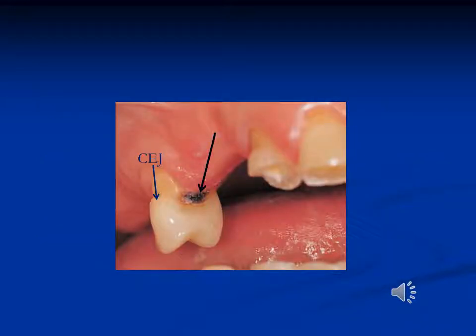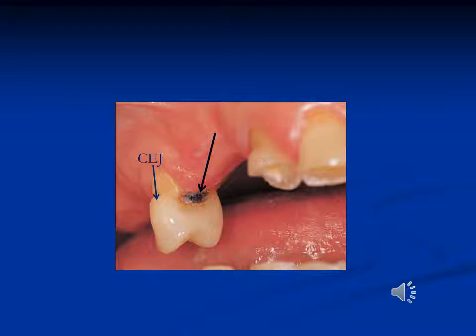This is a clinical picture of root caries, showing the location of the root caries. The arrow points to the cemento-enamel junction. As we all know, the cemento-enamel junction is the demarcation between the crown portion and the root portion of the tooth, and we can see the dark lesion here on the nasal surface of the tooth, called root caries, because there is gingival recession here.